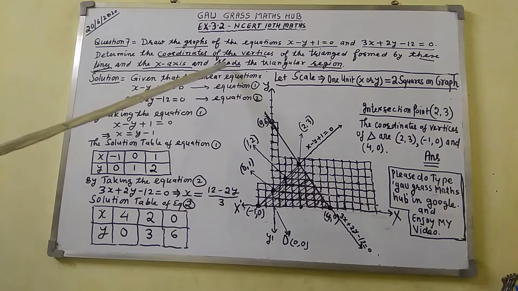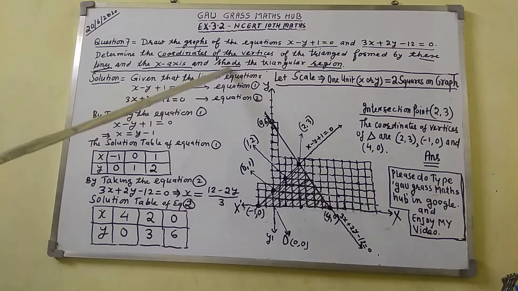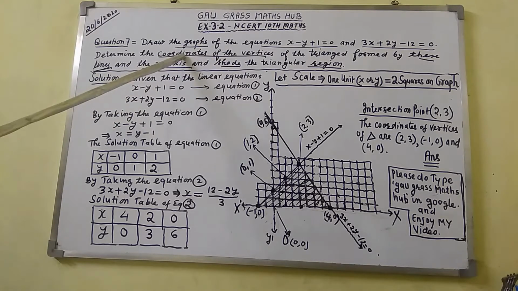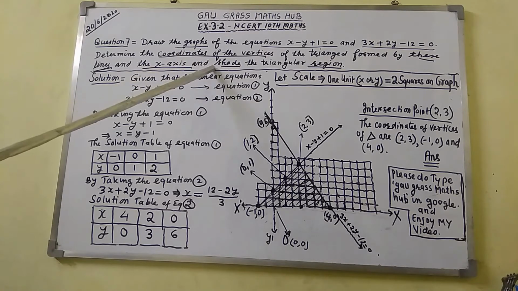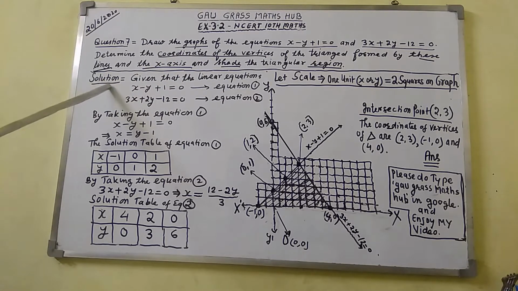The triangular region should also be shaded. I have marked the key points with the help of pencil here, and the solution will be written with the help of the key points marked in the question itself.